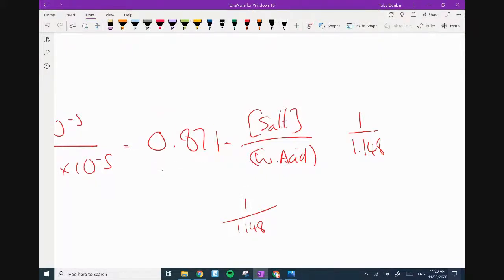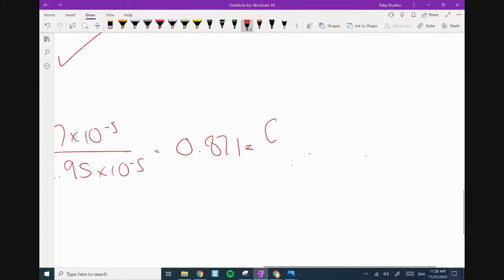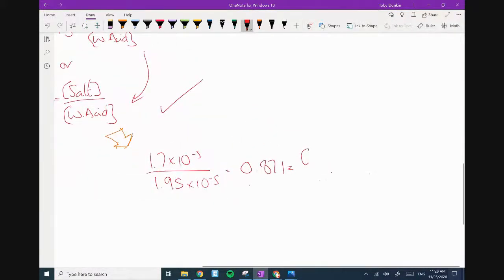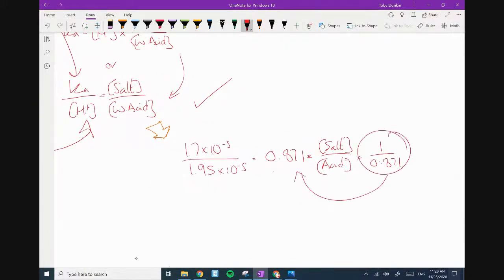Yeah, Donna, what you're saying, and this is weird, right? This is a bit of a maths game. If you do equals, we know that it needs to be salt over acid. Well, what we realize is that needs to equal, if we did 1 over 0.871, that doesn't give you that value, which means it's not the same as it. Stop it with the silly maths games, please.